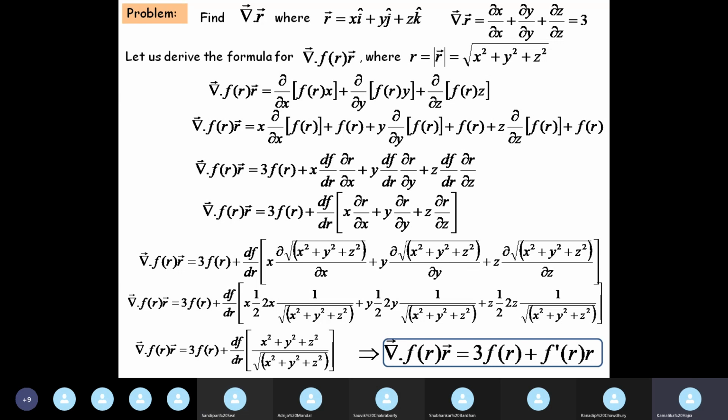Okay, another one. r cube r vector. Find the divergence of r cube r vector. Now I want someone else to answer. r cube r vector.